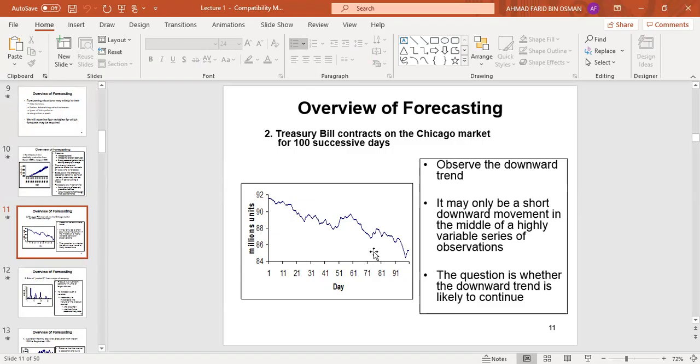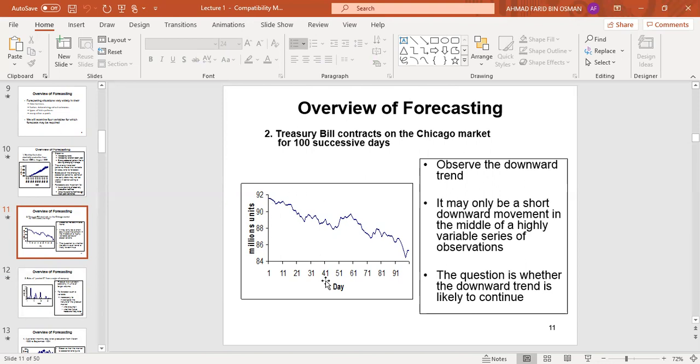Normally this is what we call a typical pattern of the share price, for example. In this case, you can see that this kind of series is quite volatile. So the question is whether the downward trend is likely to continue.